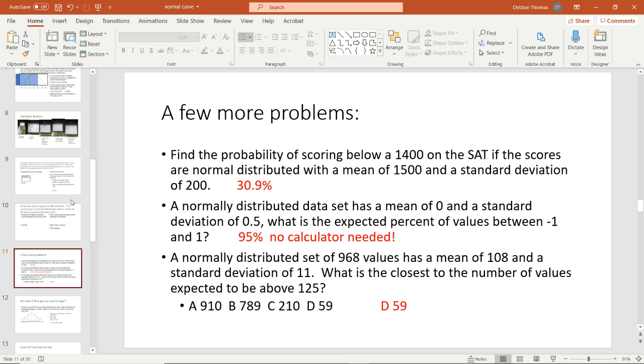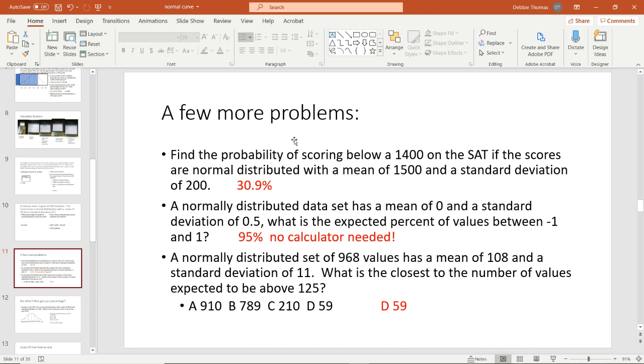All right, so find the probability of scoring below a 1400 on the SAT, if the scores are distributed with a mean of 1500 and standard deviation of 200. So mean and deviation are good. It's 1400. I only have one number. Below means my 1400 is my upper bound, and my lower bound is then negative infinity.